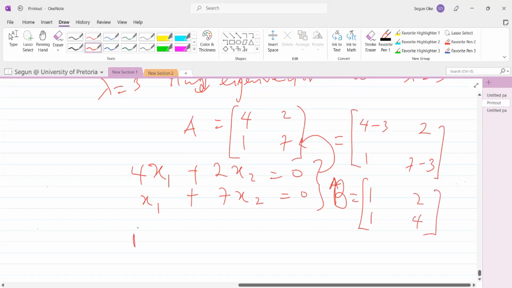So I'm going to have B x bar equals to the zero vector. That's all. Then I will do the row reduction to this one. Then I will equate everything to 0 and get my x and y. That's all.